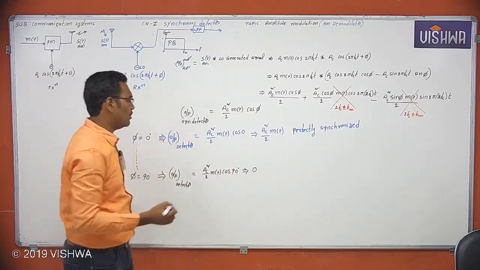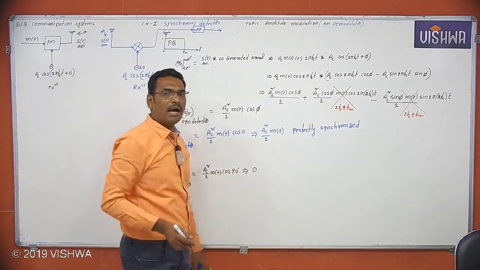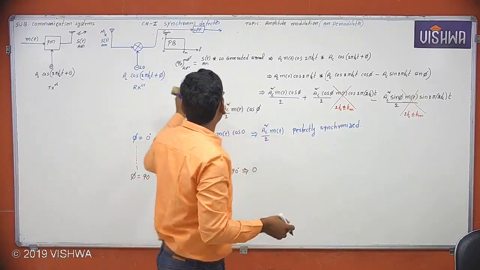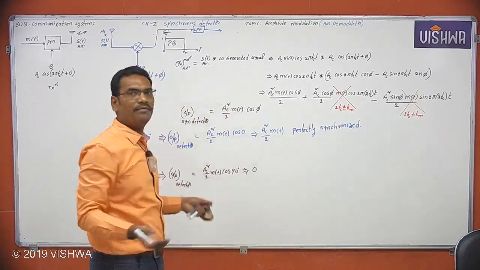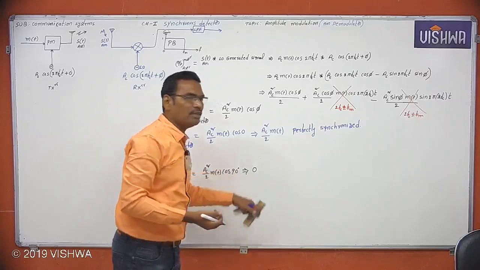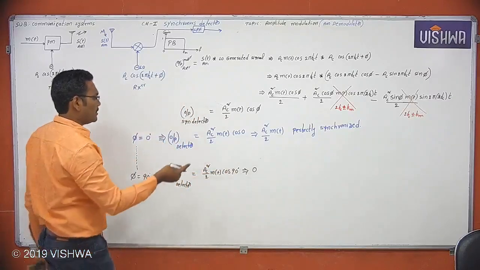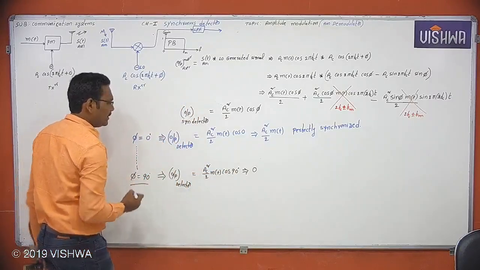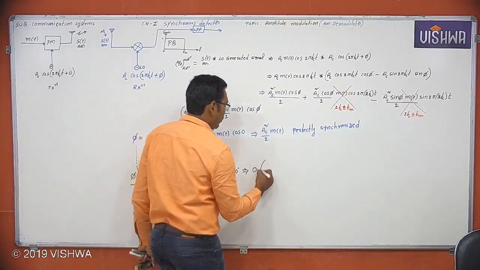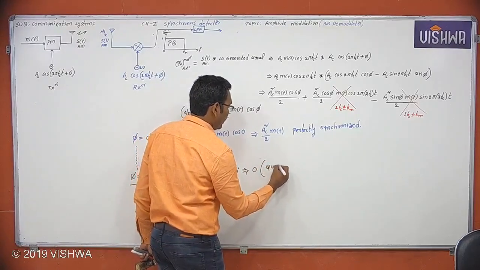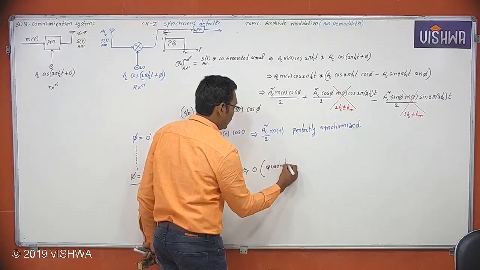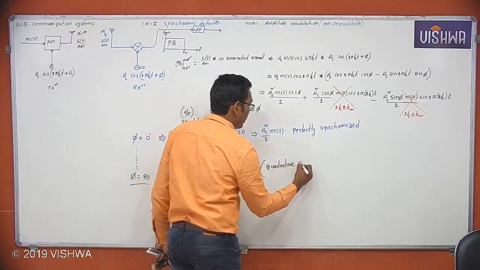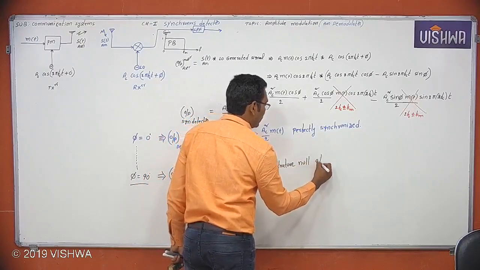Output equals 0. Nothing is coming. Your cost, complexity and hardware will all increase, and finally you can get output as 0 when the phase is 90 degrees. This particular effect is called the quadrature null effect. Quadrature means 90 degrees. When the phase is quadrature, the output is null.